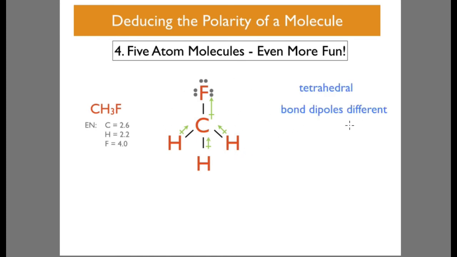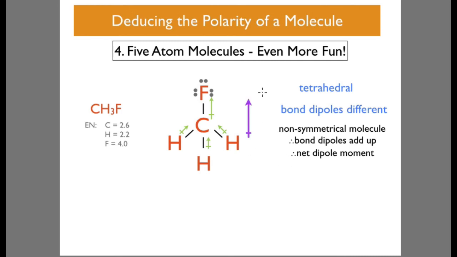The bond dipoles are different. It's a non-symmetrical molecule. The bond dipoles add up to give a net dipole moment. You can see it pointing towards the fluorine. And so it's a polar molecule. And we're going to get the positive dipoles down here where the hydrogens are, and the negative dipole up where the electronegative fluorine atom resides.